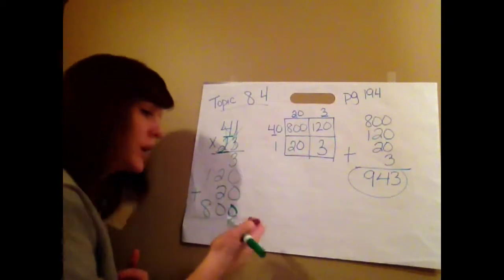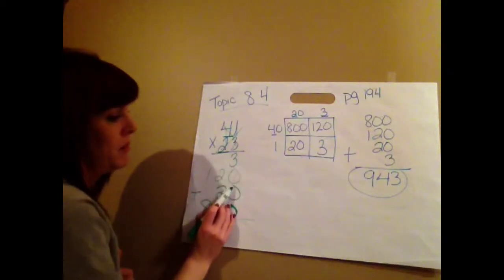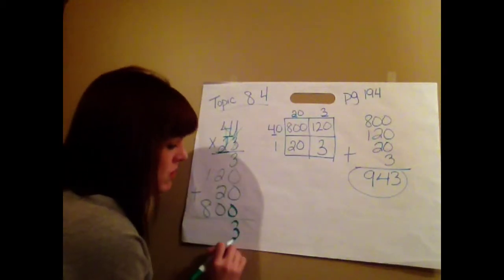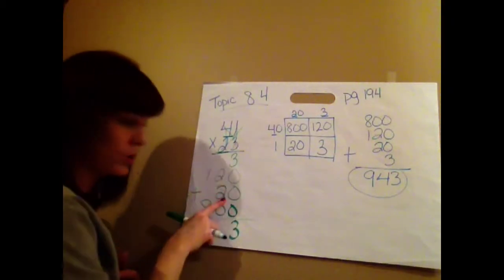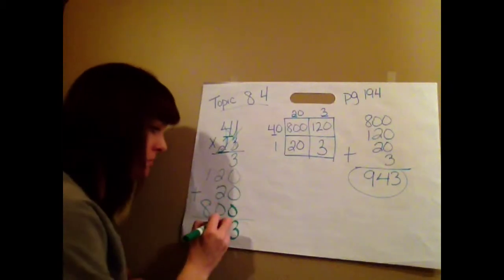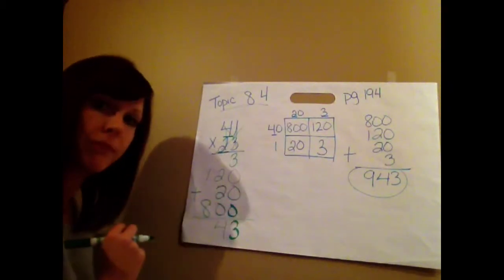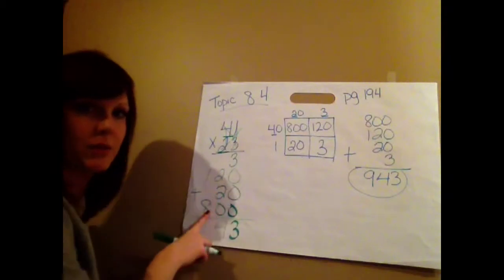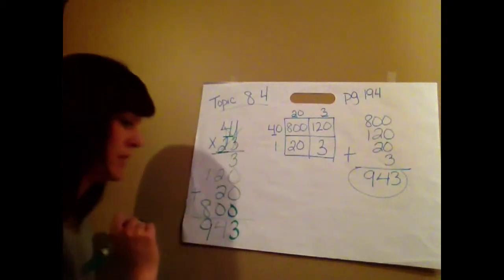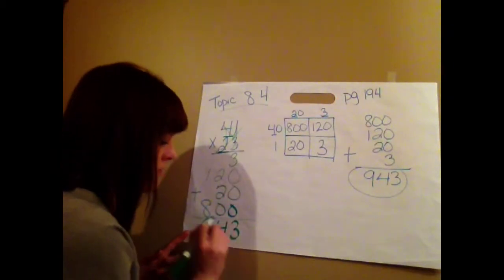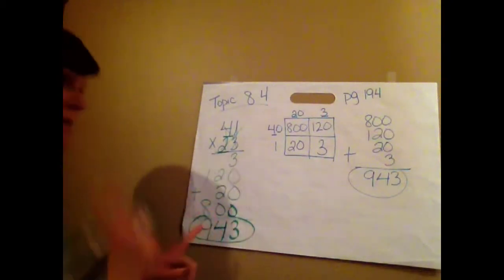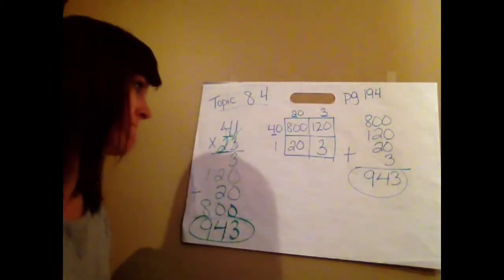So I'm just going to double check myself. 3 plus zeros, 2 plus 2 plus 0 is 4. And 1 plus 8 is 9. So my answer again is 943.